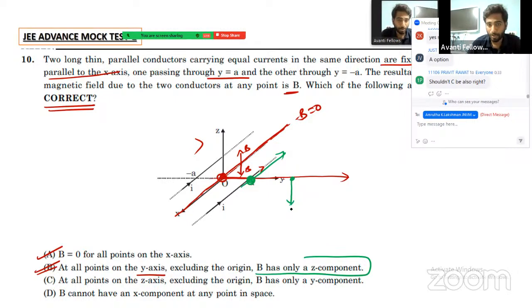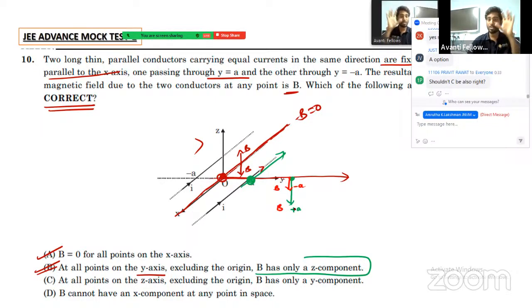This is due to plus a. One more I will take at the same point in red color. I will mark this one as due to minus a. Both are directed in the z-axis, in the negative z component, but due to minus a the magnetic field is a little less.